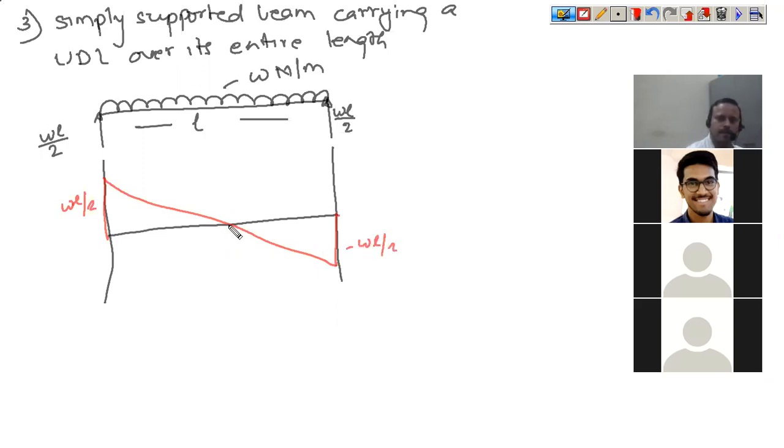So this is your SFD. The SFD changes sign at a distance of L by 2. This you can very well find out.